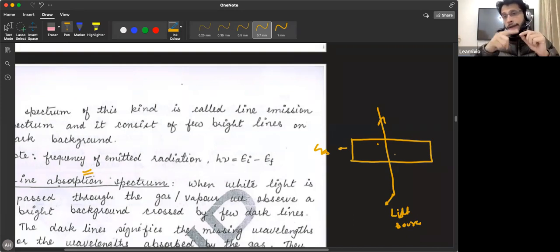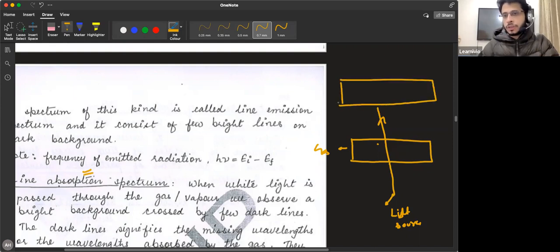Now, why does a gas absorb some particular frequencies and not all frequencies can be explained on the basis of the energy level diagram. That's our motive. So when the light passes through the gas, it absorbs some particular frequencies, and the frequencies which the gas absorbs are absent from the radiation.